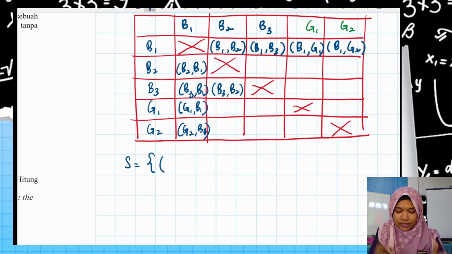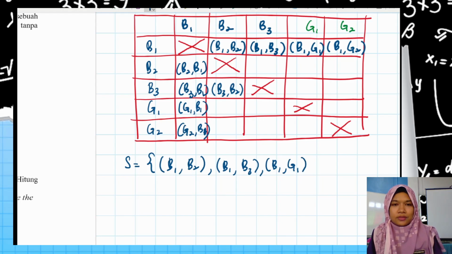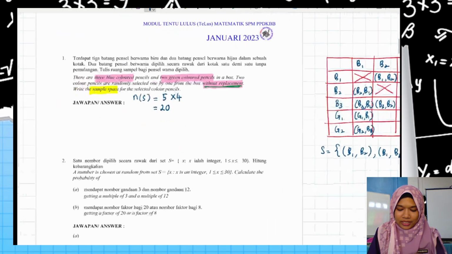Make sure in the bracket, B1, B2 for the first possible outcome, and then continue B1, B3, B1, G1, and so on. Habiskan semua. Make sure you list out all 20 possible outcomes. This is how you solve the first question.